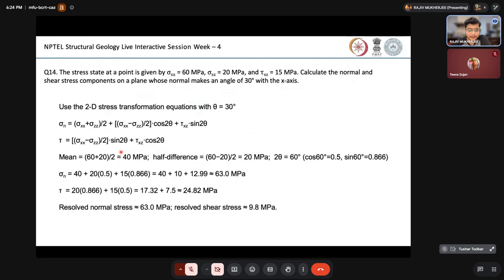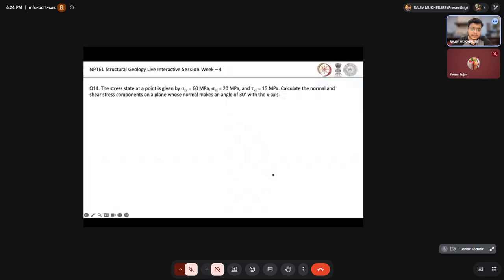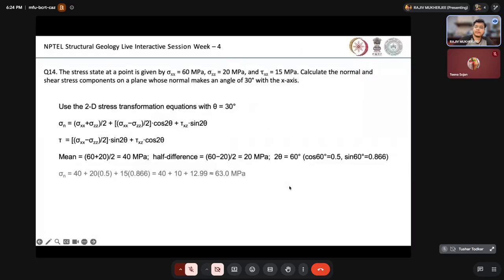So the resolved normal stress will be 63 megapascal, and the resolved shear stress component, sorry, this will be 24.82, not 9.8. So this will be 24.82 megapascal.